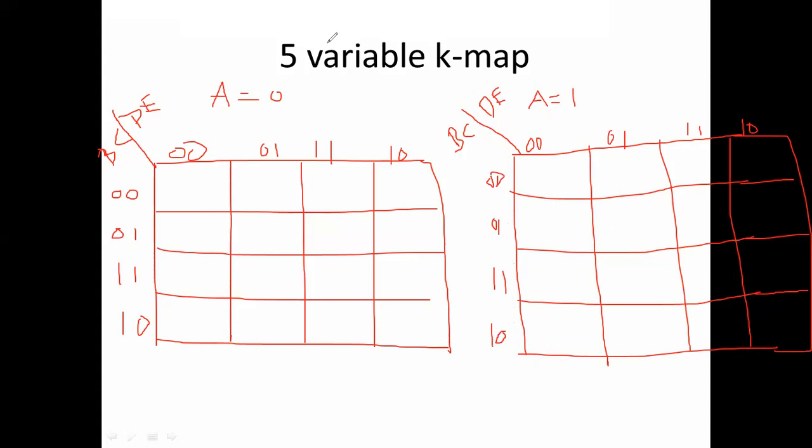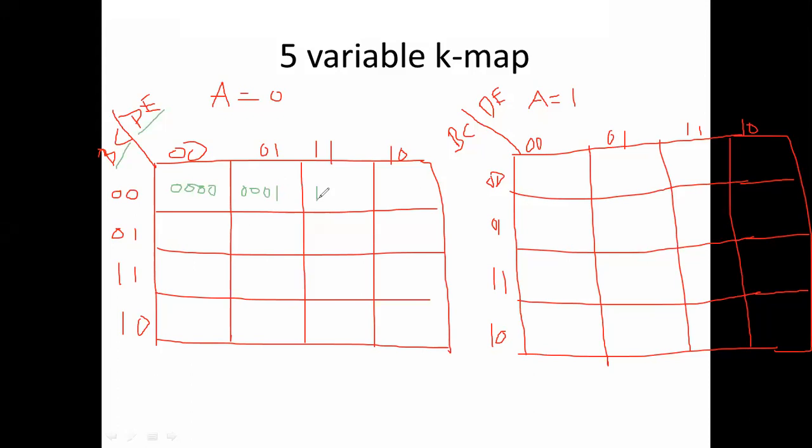See the combinations in each cell. Here B, C, D, E. Write down B, C, D, E values here. Here the variables are B, C, D, E. So write down 0, 0, 0, 0. Here BC is 0, 0. D is 0, 1.